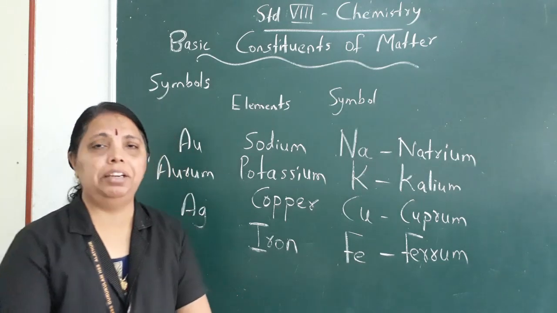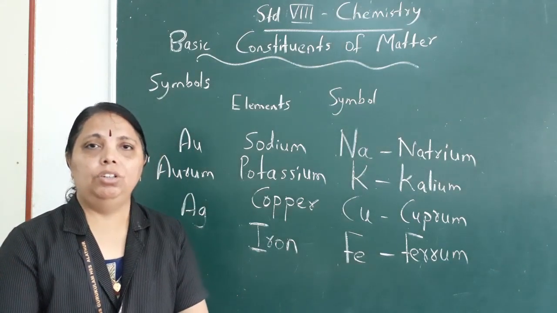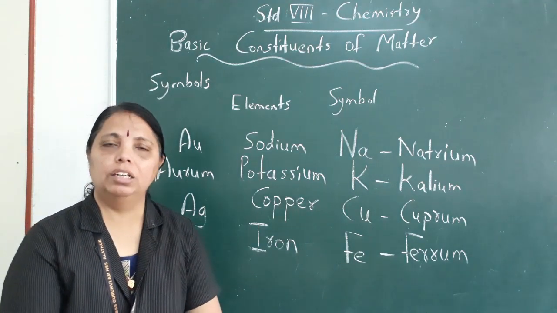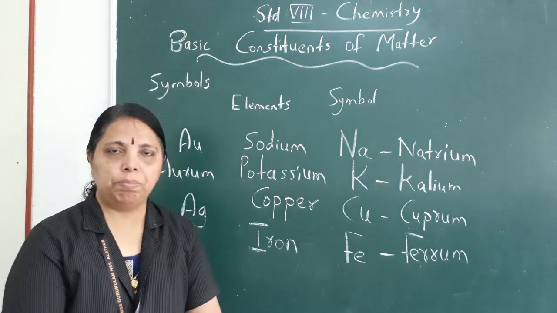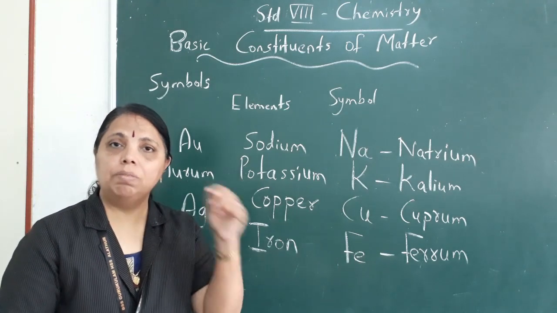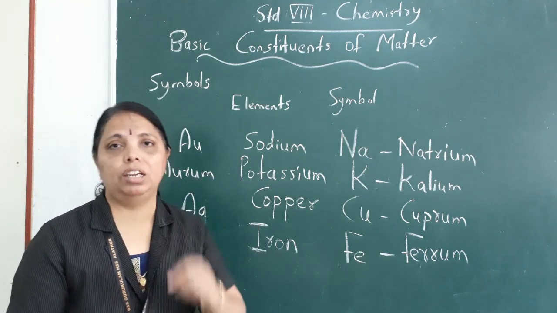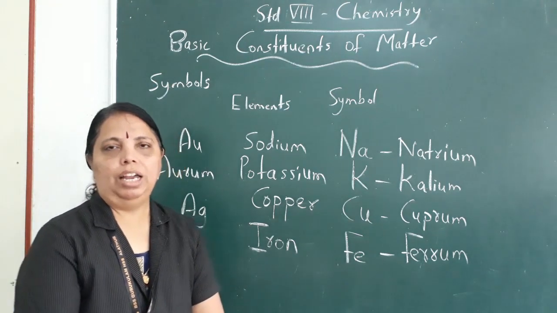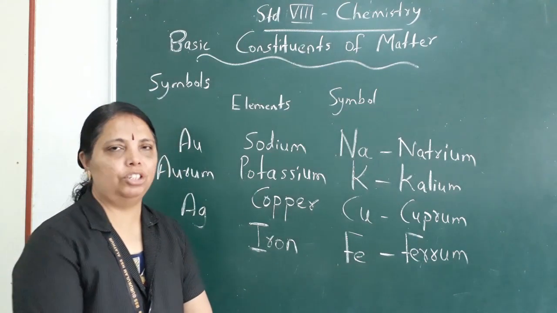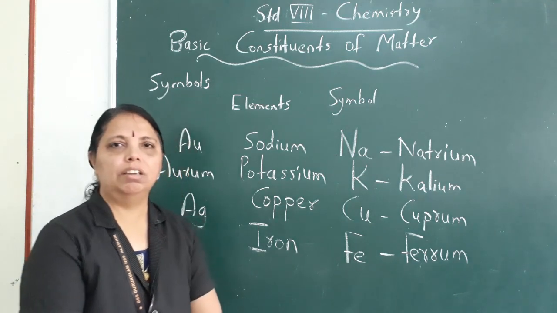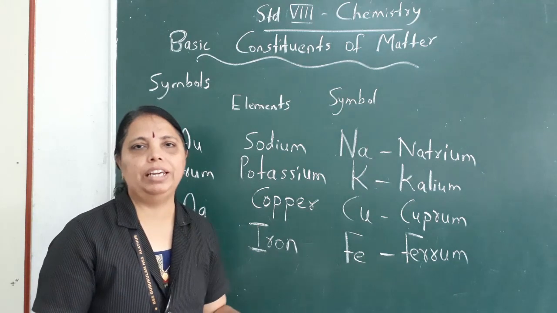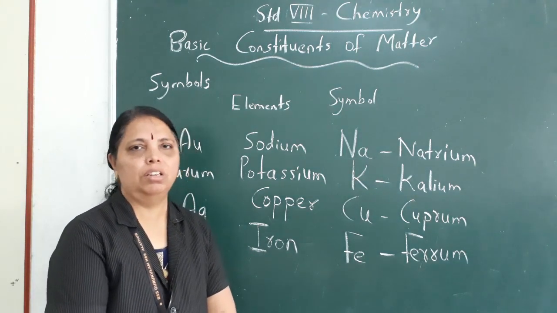Mercury, from hydrargyrum. You might have seen mercury in the thermometer. Mercury starts with M, then the next letter is E, but the symbol is Hg. Okay, don't worry. I'll help you out. I will send you the names of the elements and Latin names, though they are never asked, just for the sake of knowledge.